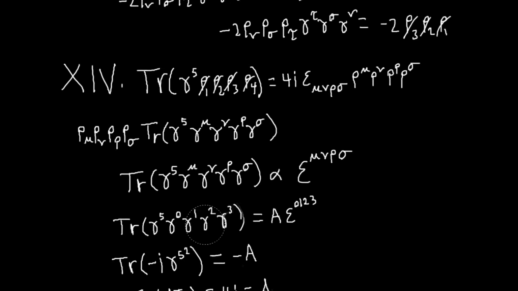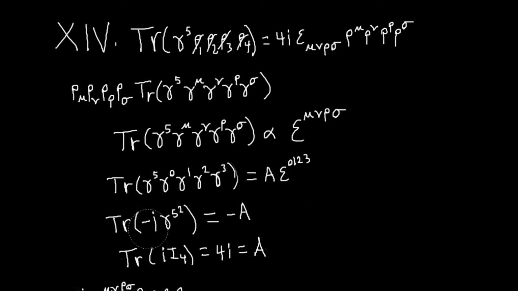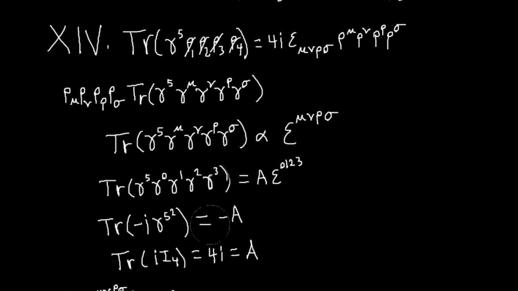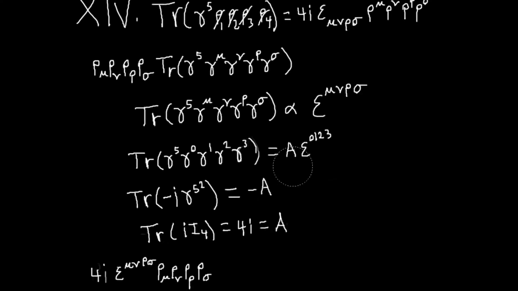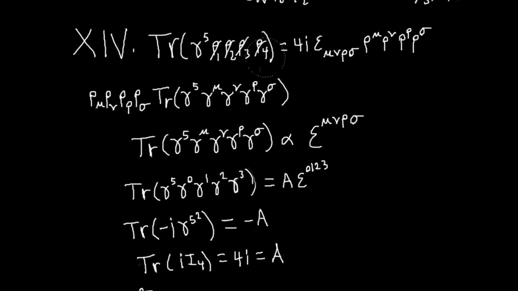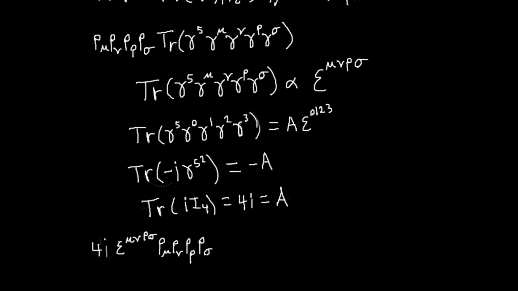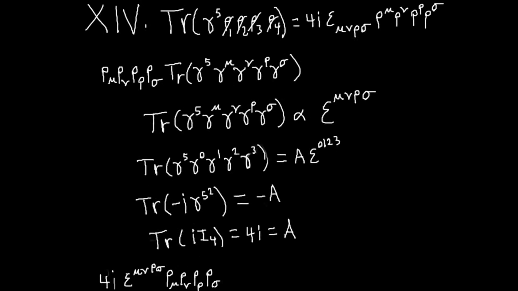So this is gamma 5 divided by i, or minus i times gamma 5. So this is minus i gamma 5 squared, but gamma 5 squared is 1, so I just get the trace of minus i times I4, and the minus signs cancel, and so I get a 4i. So that's my A, and that just tells me my constant of proportionality, so this trace should be 4i times this. And so this thing is equal to this.